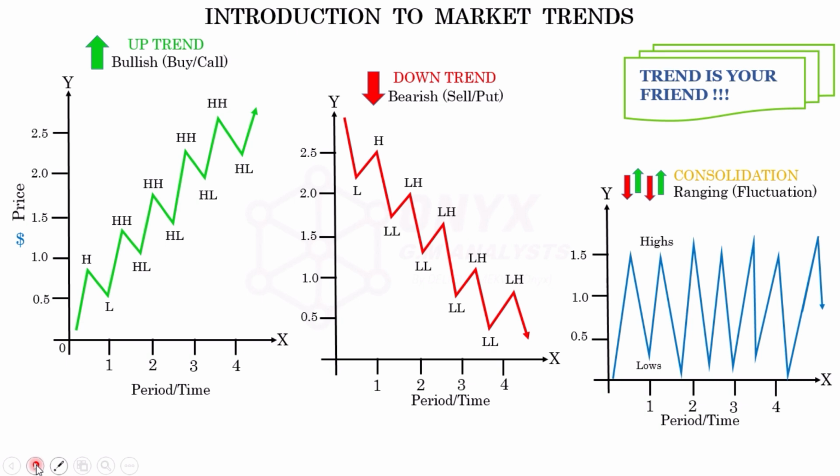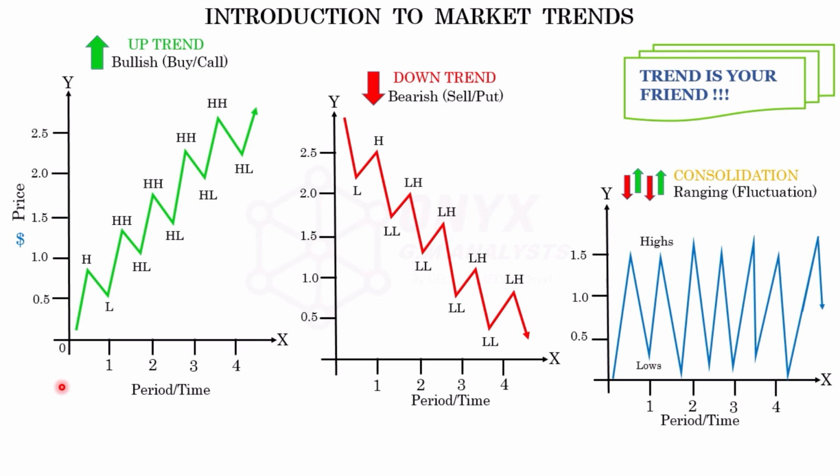Introduction to market trends. Like we have been saying in the previous lessons, the market has a direction, right? And just like in our water pipe illustration, there is a point where I mentioned that the market is moving from left to right, though it may slightly be moving up and down.